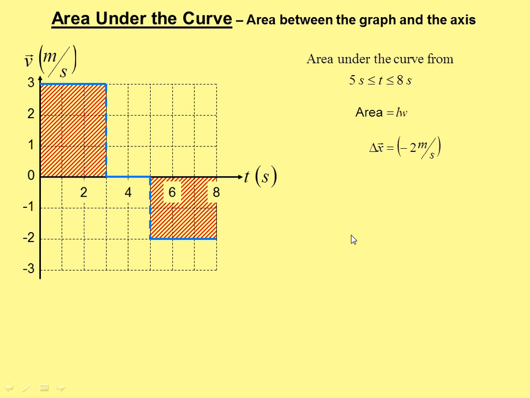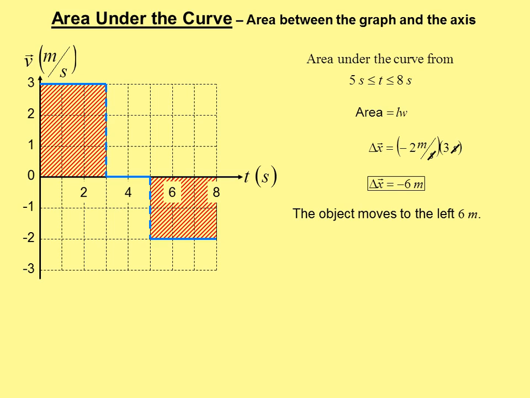And then it's 1, 2, 3 seconds. So again, the seconds cancel out, and we get a displacement of negative 6 meters. Well, what does that mean? The negative tells you not that it's smaller, but that it's to the left. And so we're moving to the left 6 meters. Again, a displacement. So the area under the curve on a velocity time graph tells you the displacement.